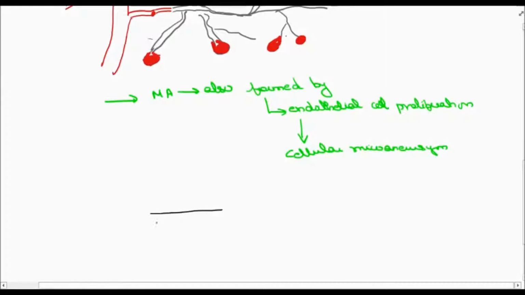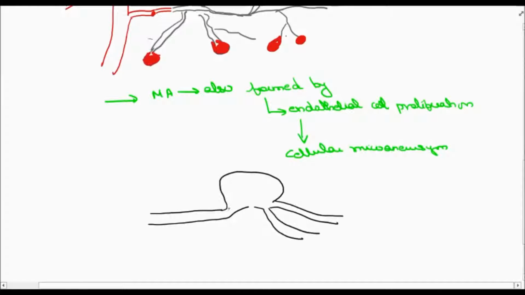These endothelial cells, once formed, bleed because they are not formed in a physiological manner, and they get thrombosed. This thrombosed blood gives the appearance of a microaneurysm. Let's see here: the endothelial cells proliferate, and then we can see the blood collection, which ultimately gets thrombosed.